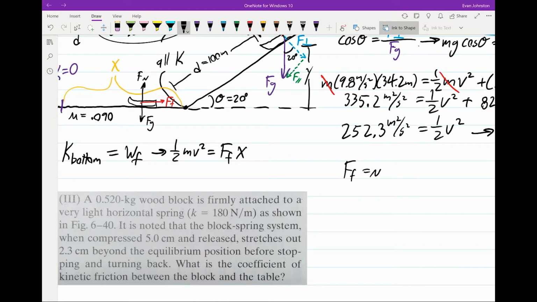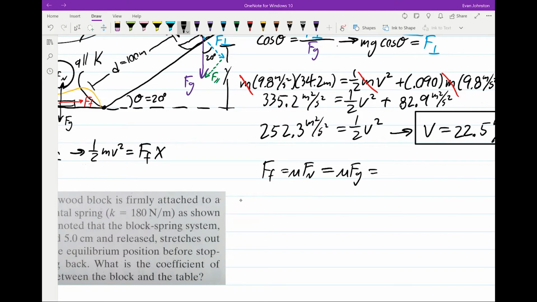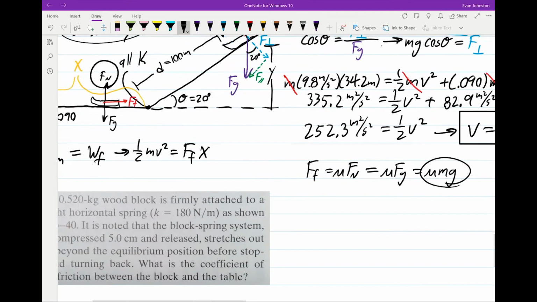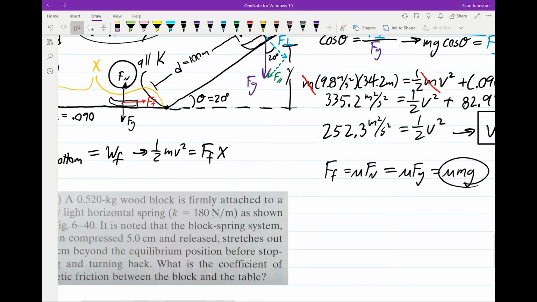Frictional force, we know it's mu times the normal force, but now the normal force and gravity are equal to each other. And so I don't need to deal with sines. I don't need to deal with cosines. It's just mu times the force of gravity. Well, I'm going to rewrite that then as mu times m times g. So that's all I need to use for my force of friction.